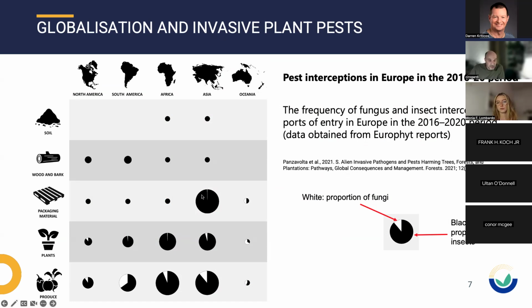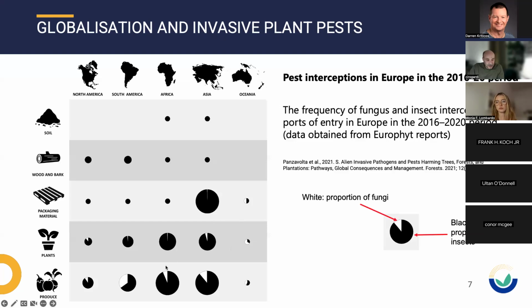What we can see is that the larger the circle, the higher the number of interceptions. And the white color represents fungi and the black color represents insects or arthropods more in general. So one aspect is that arthropods represent the majority of the interceptions, also because probably they are more easily intercepted.